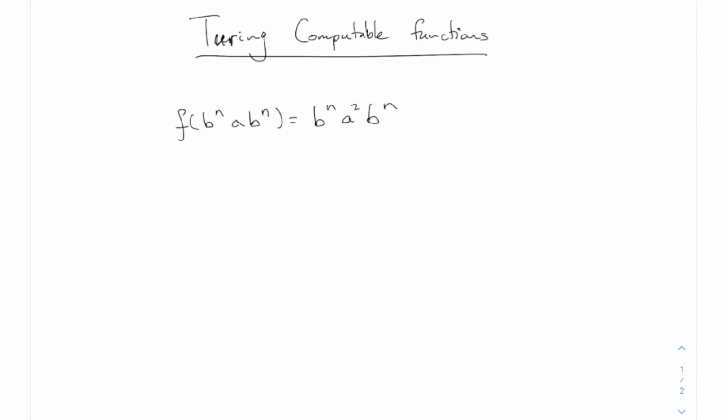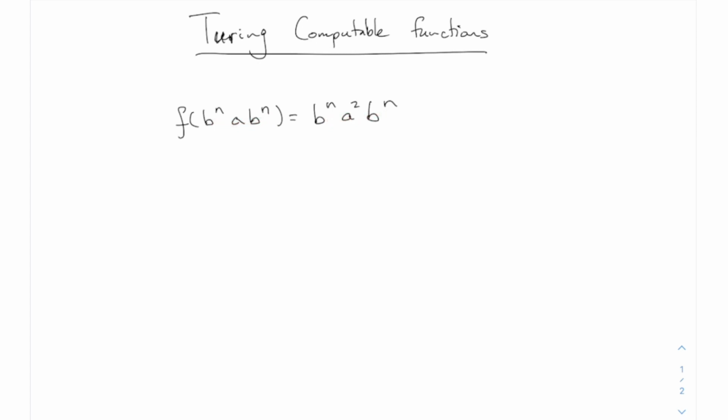That's how you would convert this string into something that looks like that. I'm going to do one that's a little fancier than that. This you could think of as a slight variation of that one. So that was last time. The whole concept, though, is to make a Turing machine which computes the answers of certain functions.